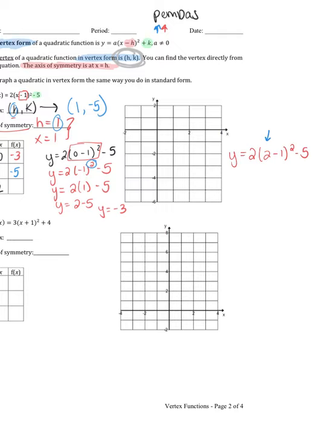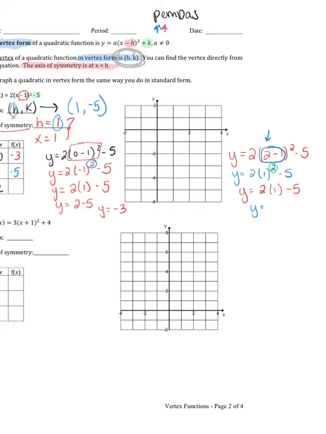What we need to do first is our parenthesis, whatever's inside the parenthesis. So I have x equals 2, and 2 minus 1 is 1 squared minus 5. Then my next step would be to do the exponent. So here I have y equals 2, and 1 squared is just 1, and I can't forget to bring down my minus 5.